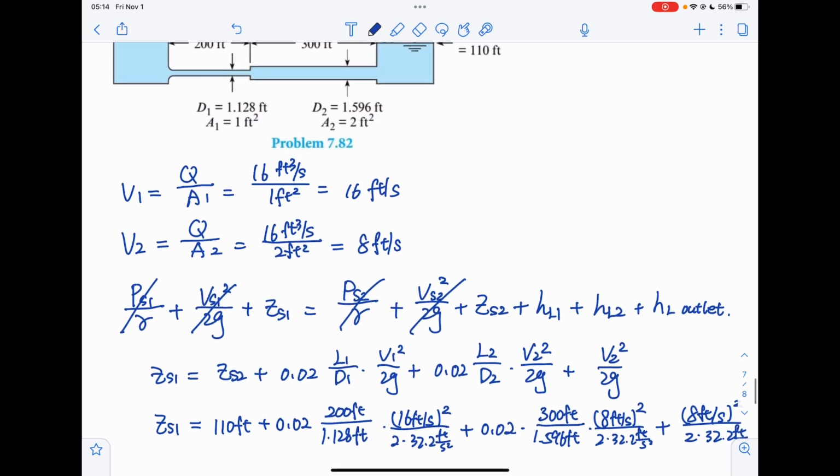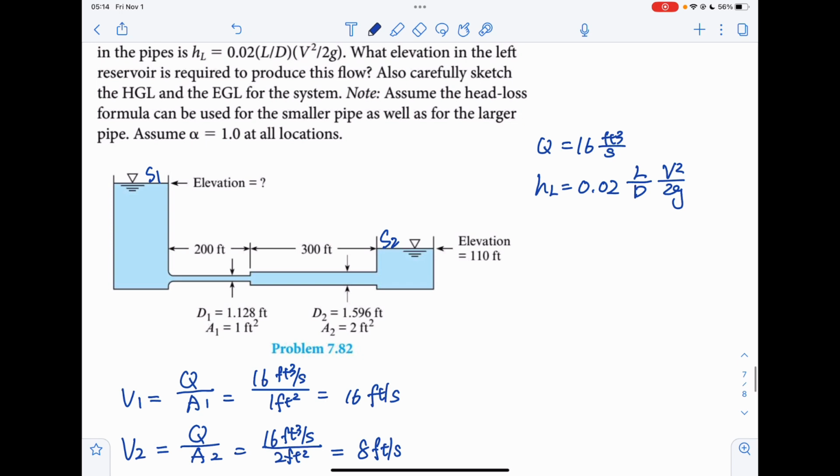Okay. So now we can draw the energy grade line, which will start from the water surface, decreasing like that.